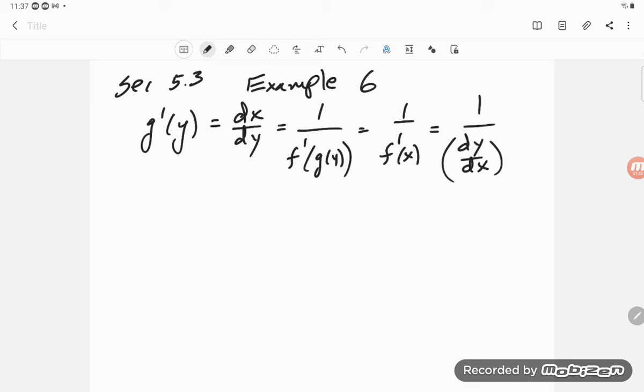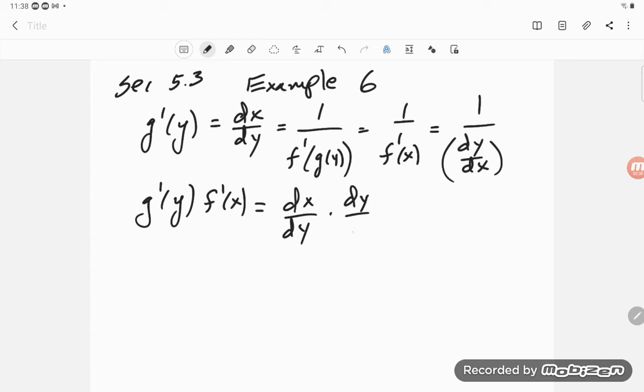Okay, so what it's saying is if I'm at the corresponding points of the function and the inverse function, and I want those slopes, then they're just reciprocals. Okay, so we see that g prime of y times f prime of x is dx dy, and that's times dy dx.